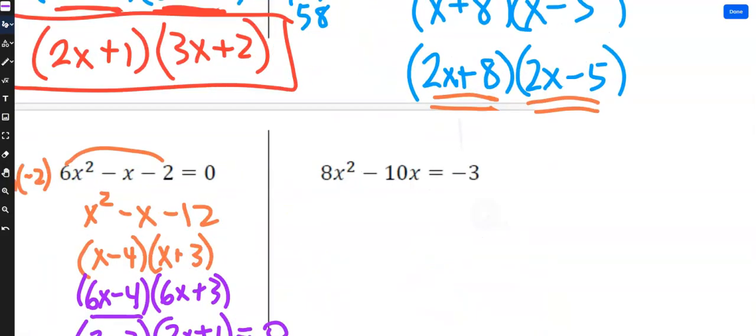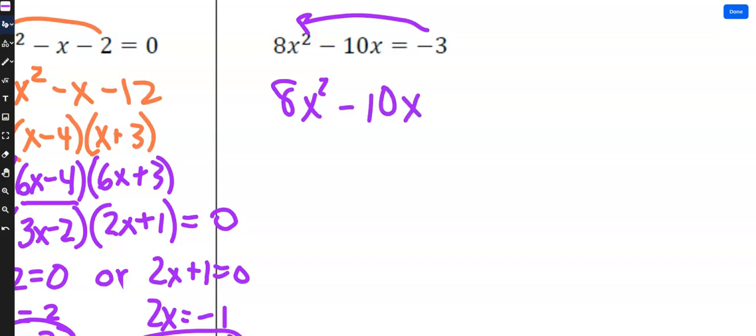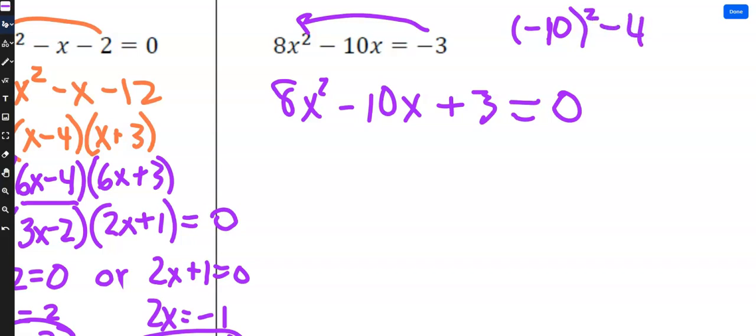Oops, missed a question. Push this to the other side, 8x squared minus 10x. Okay. Let me just double check this. B squared minus 4ac.